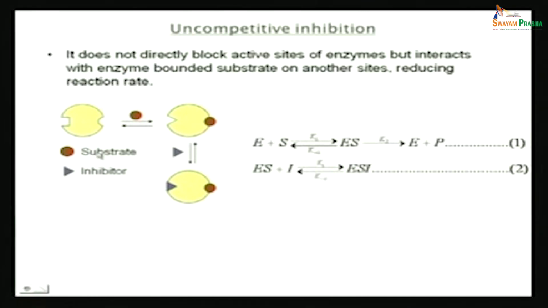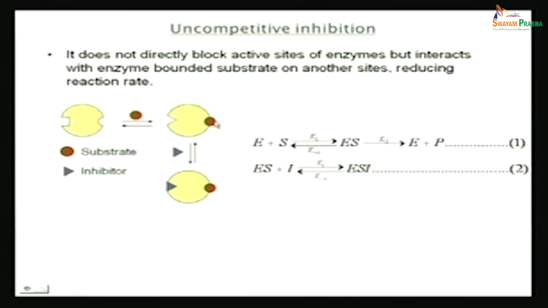If you see in the picture here, the active site is given by this semicircle, whereas the slot for the inhibitor, the other site, is a square. So the inhibitor fits into this slot, and the substrate fits into the other slot. As a result, at one point of time, you can have two options.